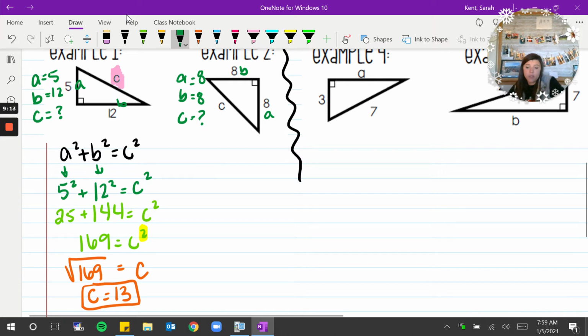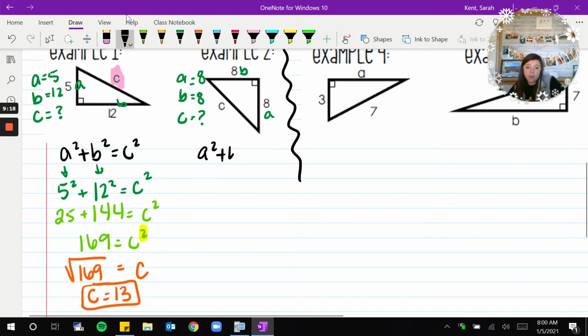To solve this, I'm using the formula again, A squared plus B squared equals C squared. When I plug these in, my A squared is 8 squared, because A is 8, plus B squared, B is also 8, equals C squared.